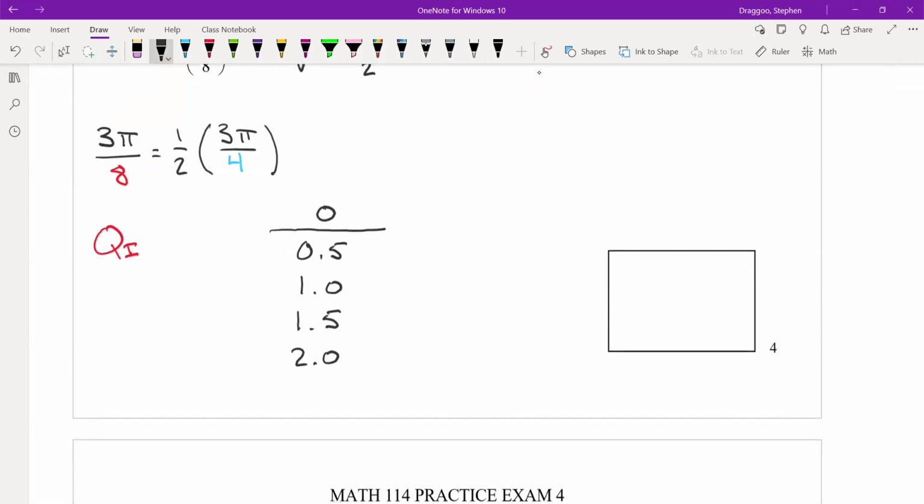So these all represent 0, pi over 2, pi, 3 pi over 2, and 2 pi. I've just written out only the coefficient that's on pi. And to label these a bit further, each of these intervals represents one of the 4 quadrants: quadrant 1, quadrant 2, quadrant 3, and quadrant 4.